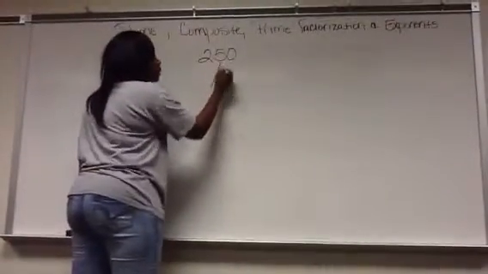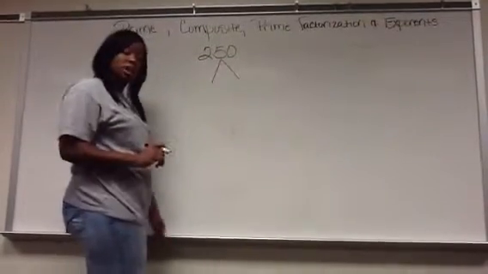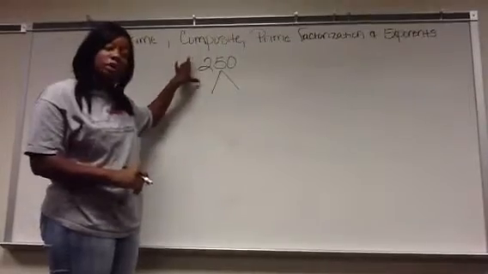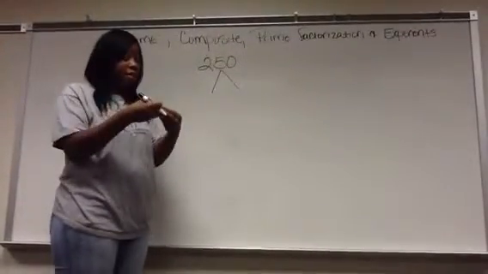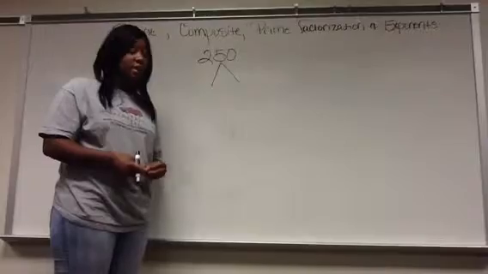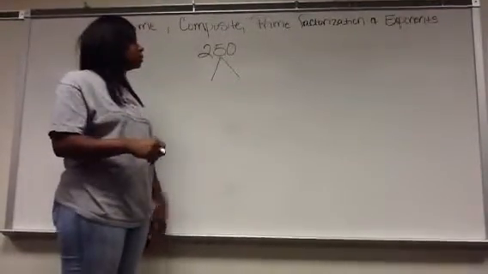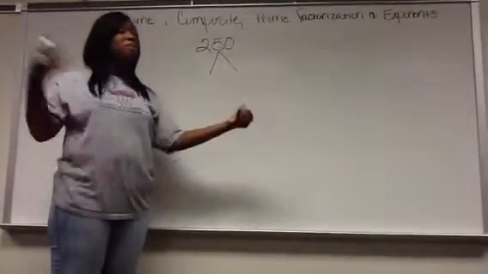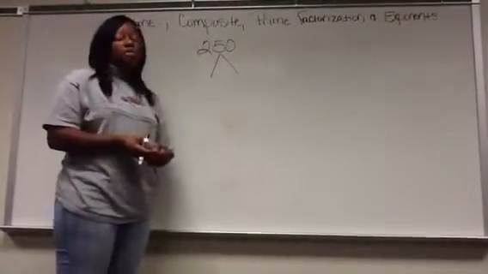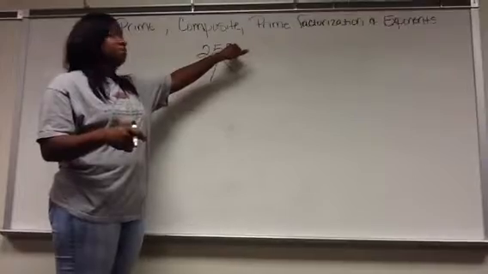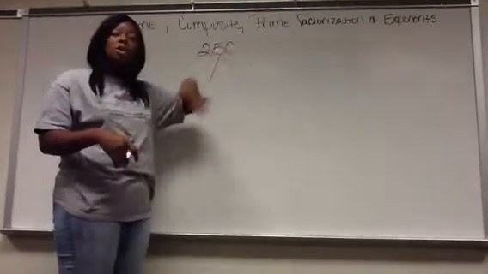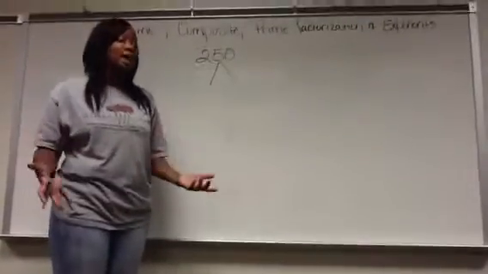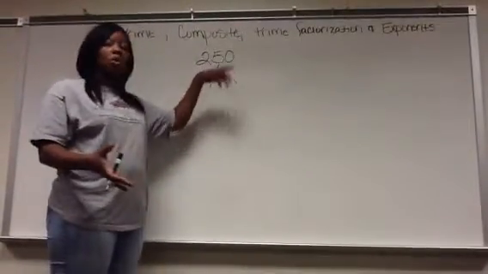As you know, we need to start off with two branches in our factor tree. Most of you got stuck here because you didn't know the two numbers that multiply together to make 250. But the one thing you've got to remember: 250 ends in a 0. That means it's even, so 2 times something makes 250. 250 ending in 0 is also a lot of information, because any number that's divisible by 5 ends in a 0 or a 5.